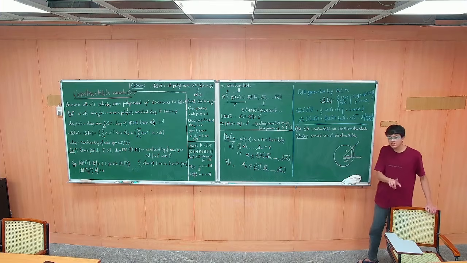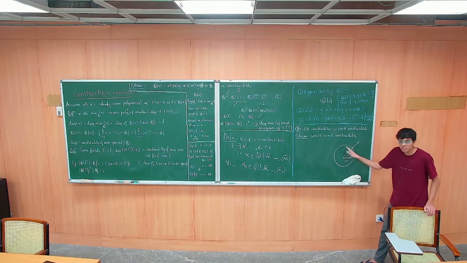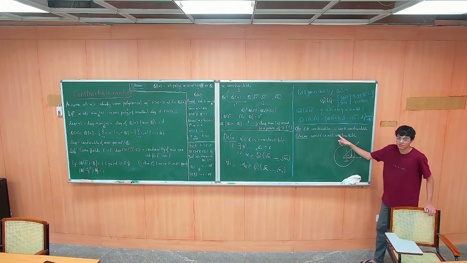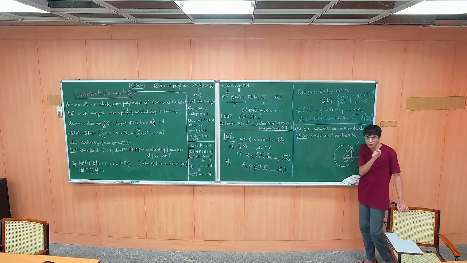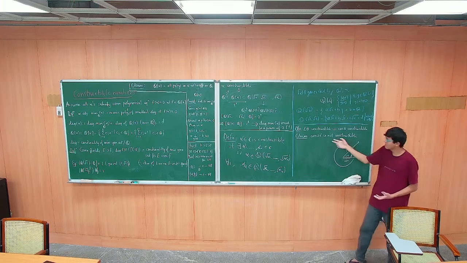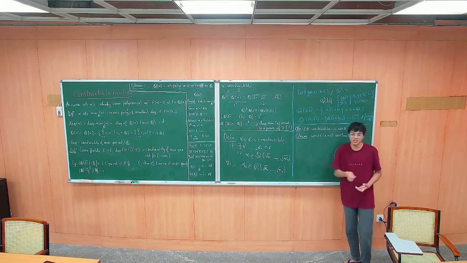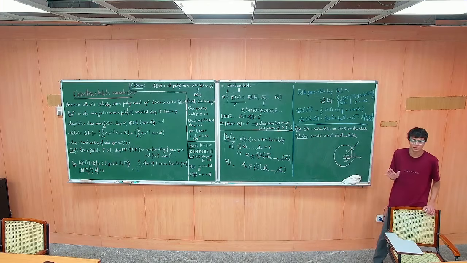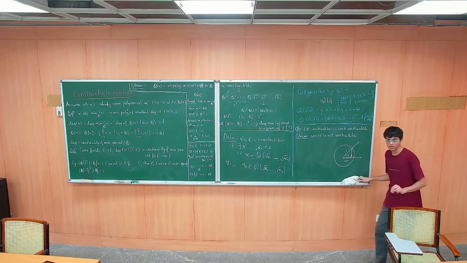So you see, this was just motivation for the definition. When I make a definition here, I am calling an angle constructible if the cosine is constructible. By definition, if the angle is not constructible, it means the cosine is not constructible. I just use this to motivate the definition. Is that fine? Right?